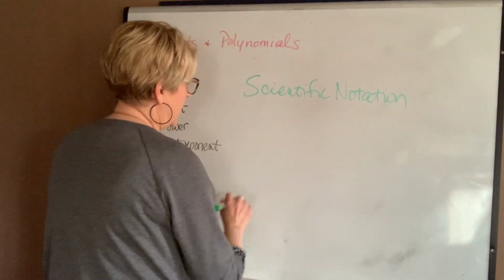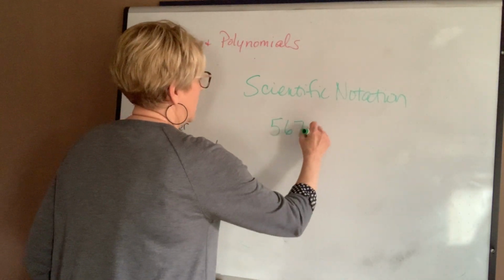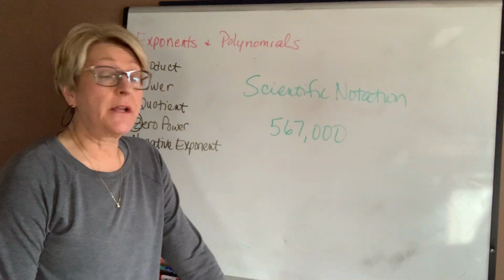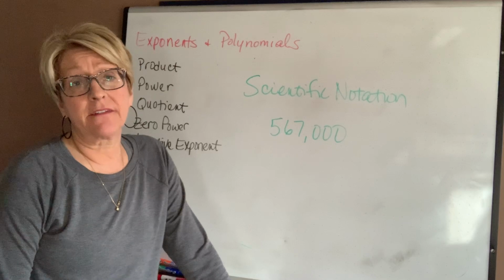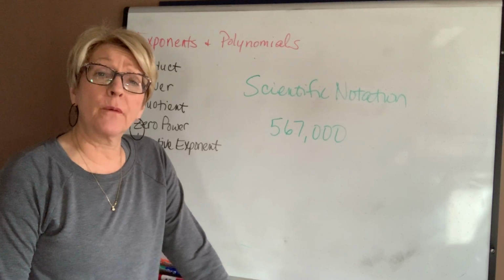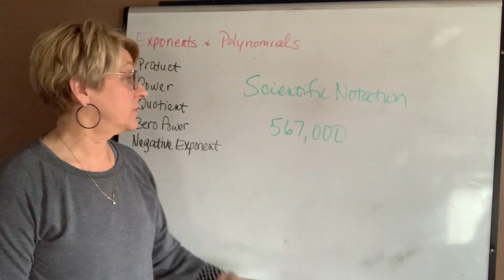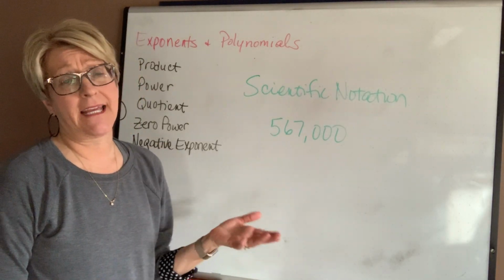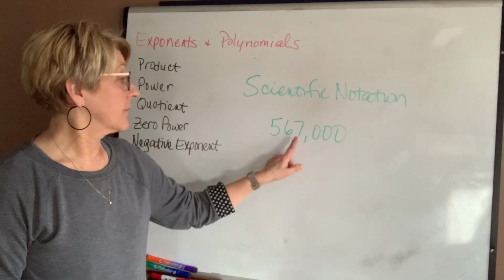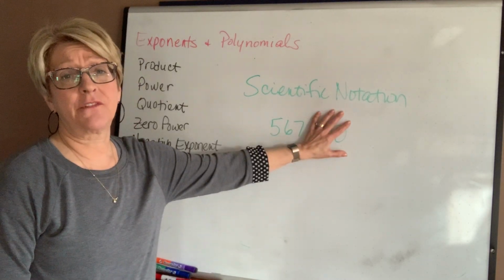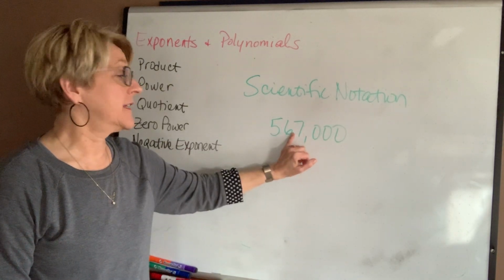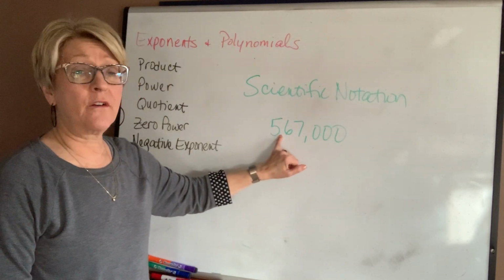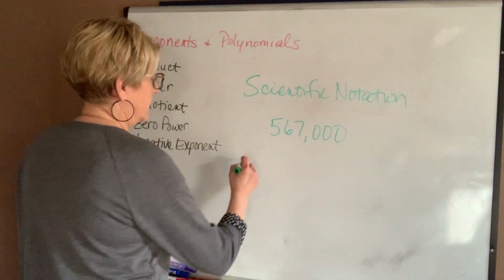So we're going to take this number, 567,000. It's a big number. We're going to change it, not the value of it, just the form that we write it in. So looking at these digits, we have to decide on a number that is between 1 and 10. 567, too big. 56.7, that's greater than 10, is too big. So we're going to come right over here to 5.67.